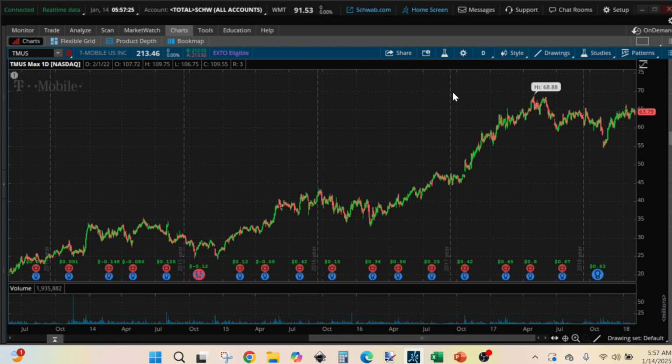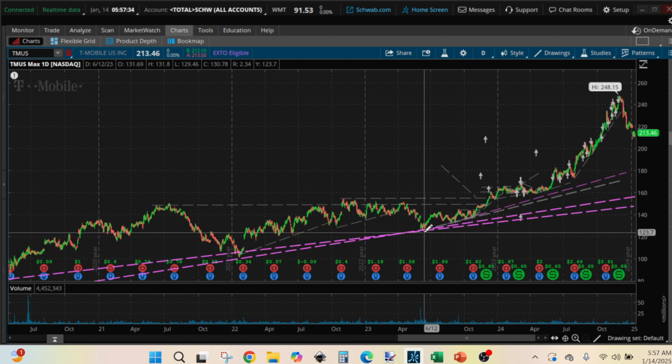Okay, so when I'm looking, this is a year and a half or so trend line. It has a year. It does not touch base with those trend lines that much.